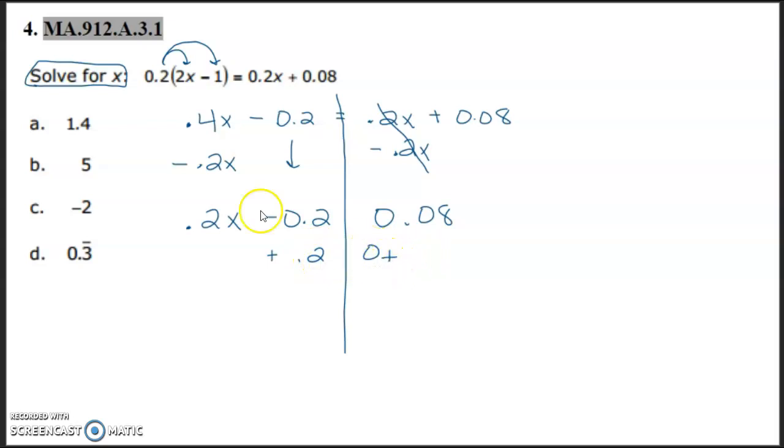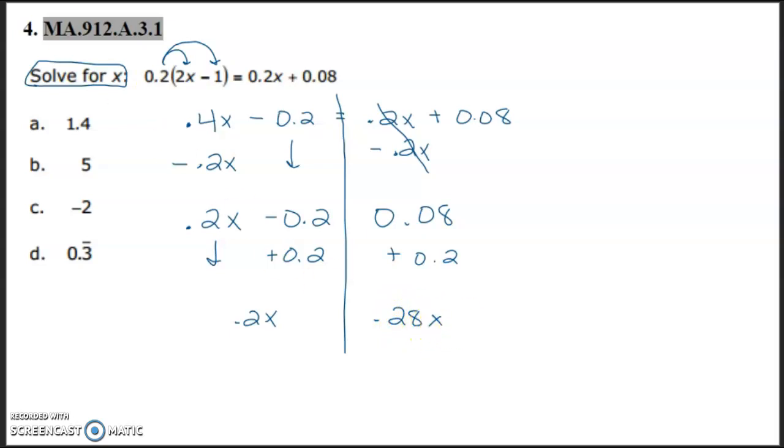Now I'm going to add 0.2 to both sides. I'm going to add 0.2 to this side. This comes down. We have 0.2x. And then 0.08 plus 0.2 is 0.28.